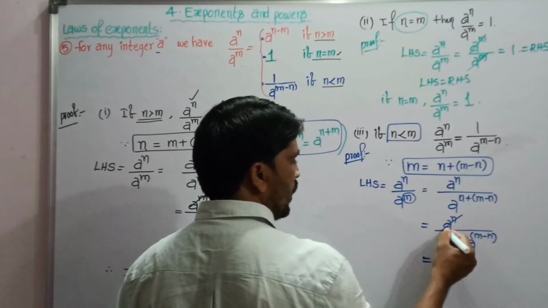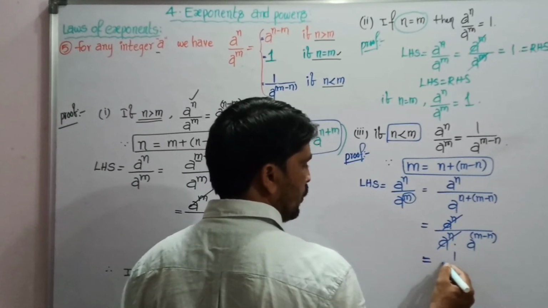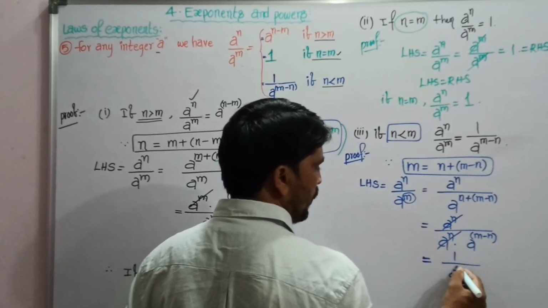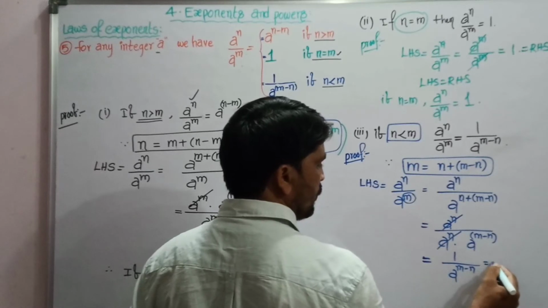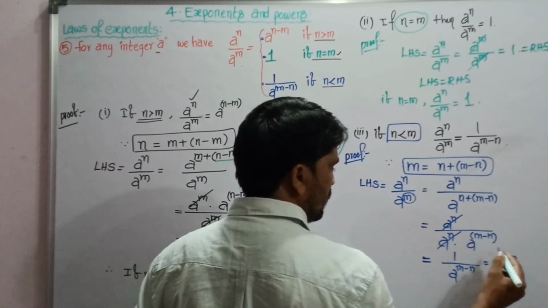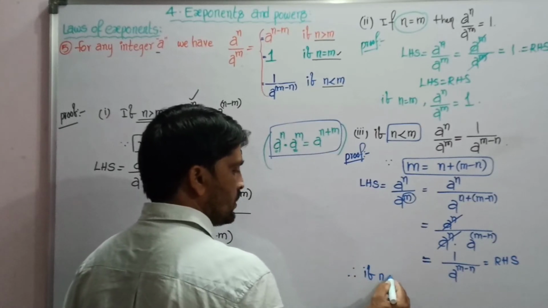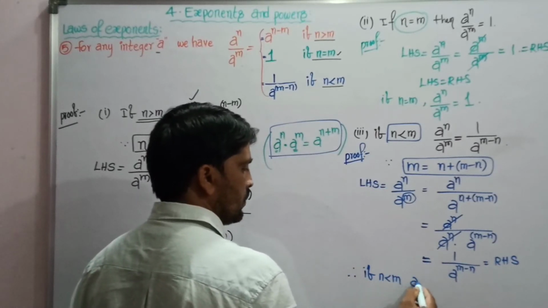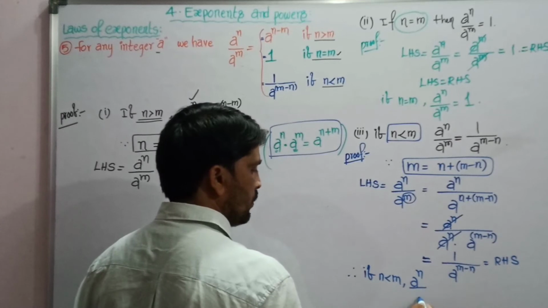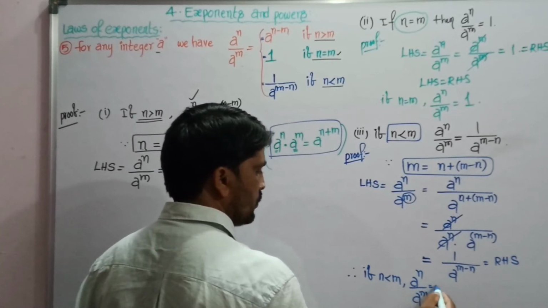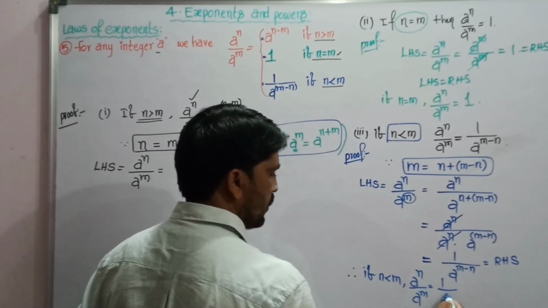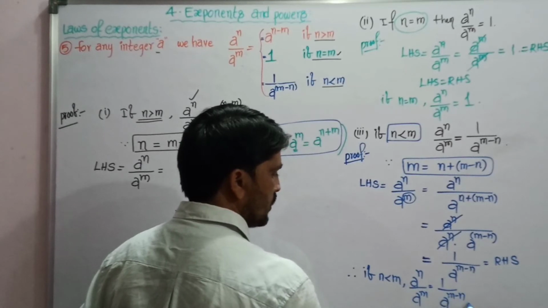That a power n gets cancelled. We get 1 by a power m minus n, which is equal to RHS. That is, if n is less than m, then a power n over a power m equals 1 by a power m minus n.